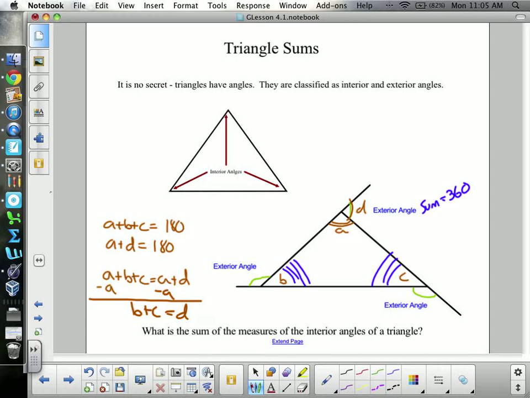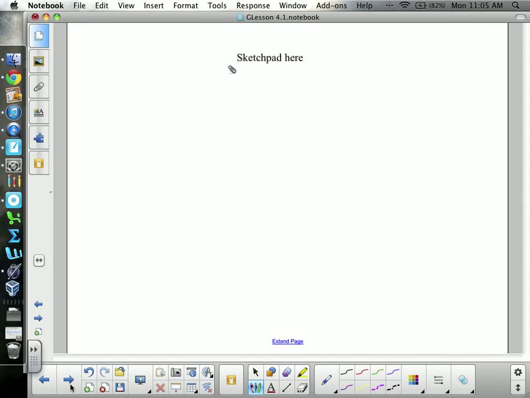Remote meaning distant. Not the adjacent interior, but the two remotes. These two angles always have to equal the measure of that angle. Or this angle has to equal the sum of those two. Or this angle down here has to equal the sum of these two. It has to, because of the 180 something we just did there. It always works out that way. And that's kind of interesting.